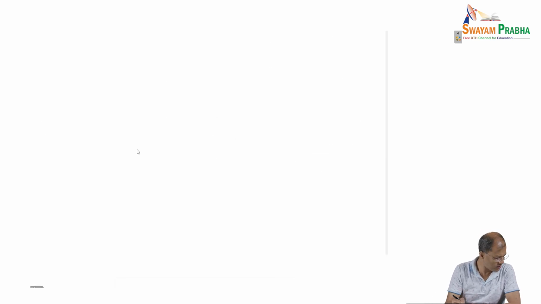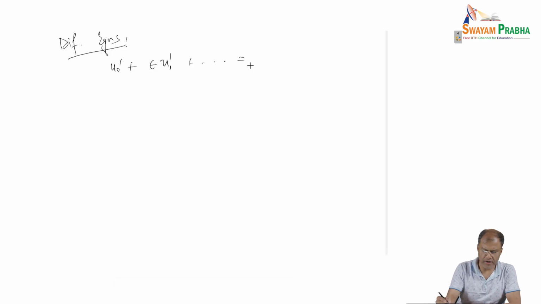So what we see here is for the differential equation, we have u naught prime plus epsilon u1 prime and so on. On the right hand side, I needed to multiply this, so let me show this multiplication.